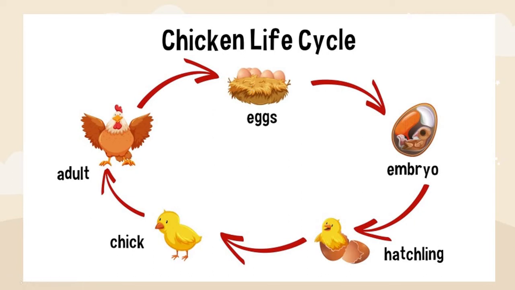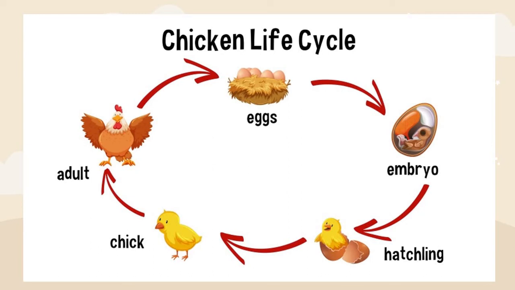The zygote starts to divide into 2 cells, then into 4, 8, and so on. After some time, the cells develop into an embryo inside the egg. The egg hatches and it becomes the chick or the offspring of the parent animals.